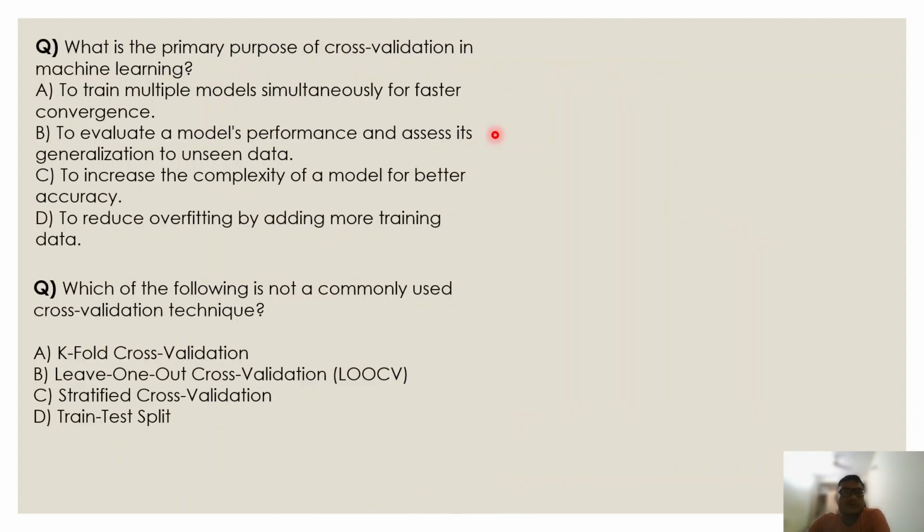Then let's move towards some numerical. What is the primary purpose of cross-validation in machine learning? So that is the question. What is the purpose of cross-validation?